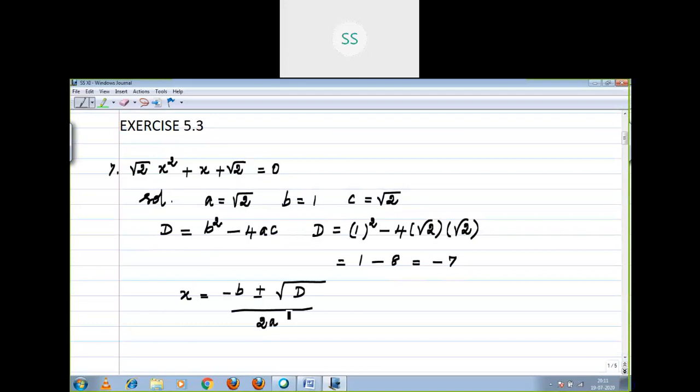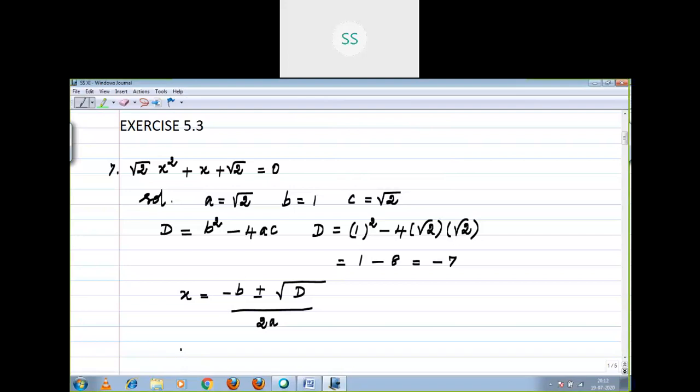What is the general form of quadratic equation, children? Anyone? ax square plus bx plus c is equal to 0. You are comparing the given equation with the general form. Then only you arrived at a equal to root 2, b equal to 1, c is equal to root 2.